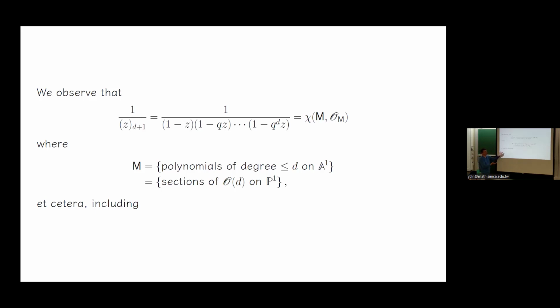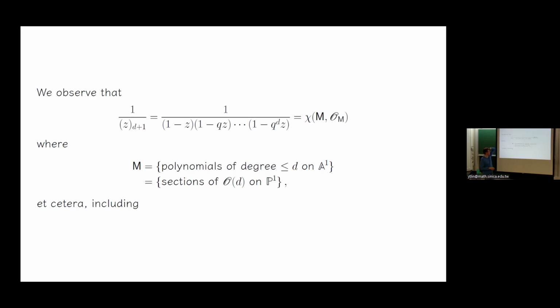What's global about it is that the vector space of polynomials of degree d is the space of sections of a line bundle on P1. So on P1, I have an interesting line bundle, and I count sections. Well, what's the line bundle? The line bundle consists of all possible functions that have a pole of order at most d at infinity.